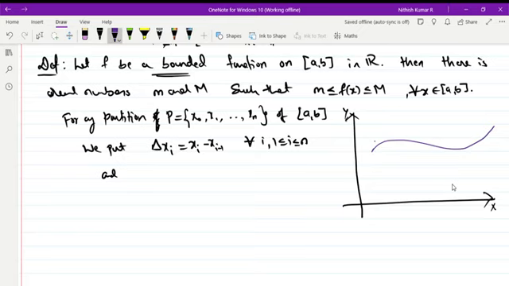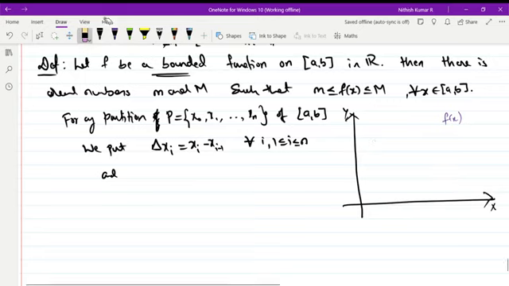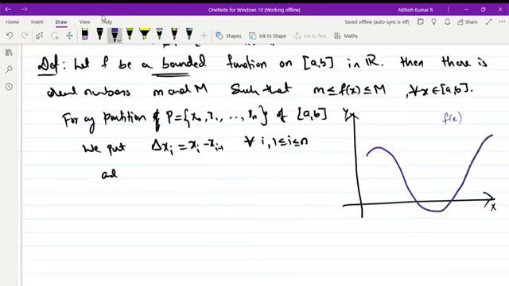For the time being it is not assumed, it is just a function, but it is now looking like a non-negative function. Let's try to draw this non-negative function, this is f(x).